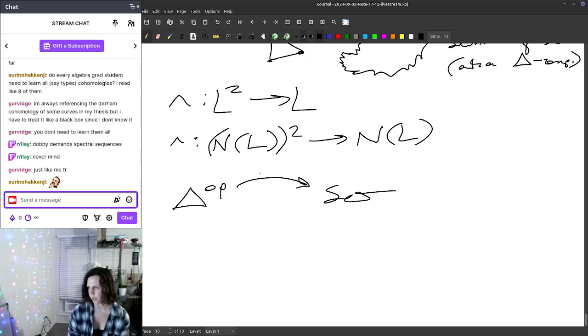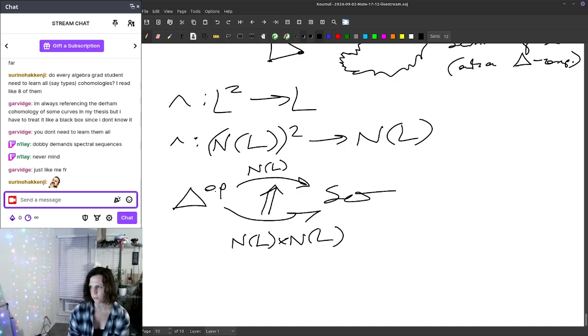And so I would need one simplicial set which is this thing, and then a different simplicial set which is this, which, if this is going to be the proper categorical thing, should be the product in the category of simplicial sets of these two things. And there should be a natural transformation between those two functors, which is like my meet, right?